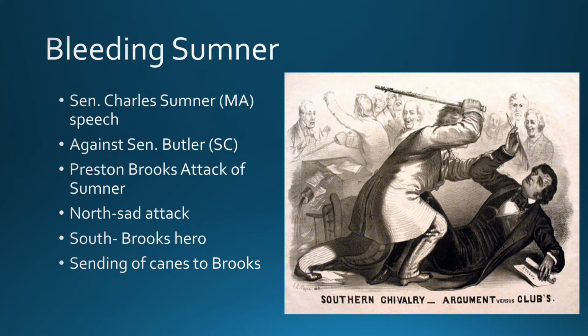Insanity, 100%, but it shows how insane the times have gotten. This image is a good depiction: Southern chivalry, argument versus clubs. This is what happens as tensions get so extreme and intense.